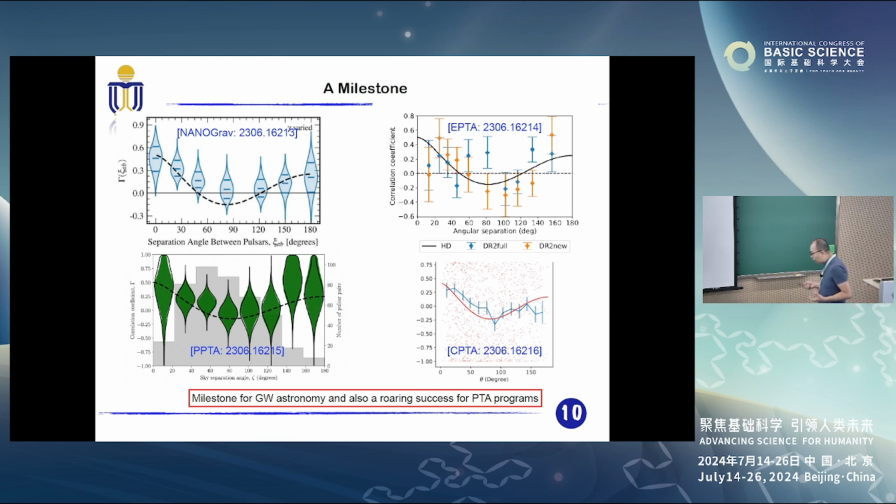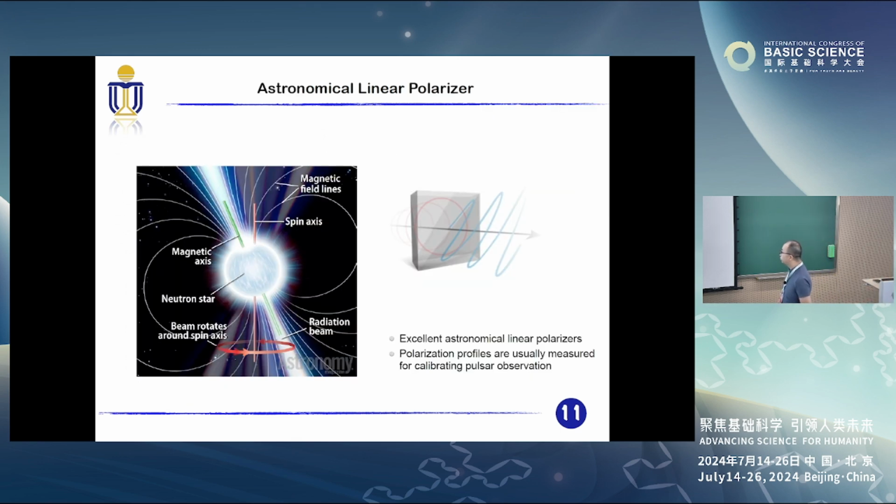And this outcome strongly supports the interpretation of the stochastic gravitational wave background for their data. Certainly, this is a milestone for gravitational wave astronomy, and also a success for the PTA programs. But this is not the whole story.